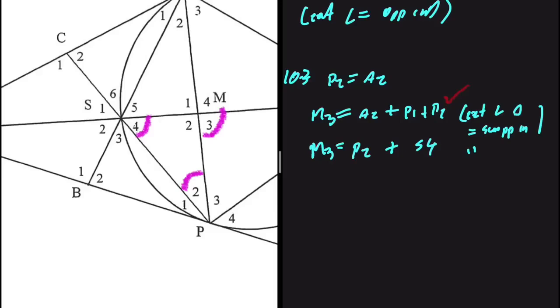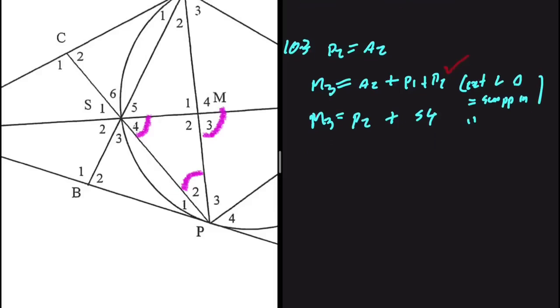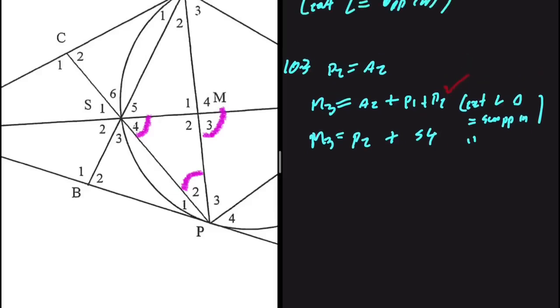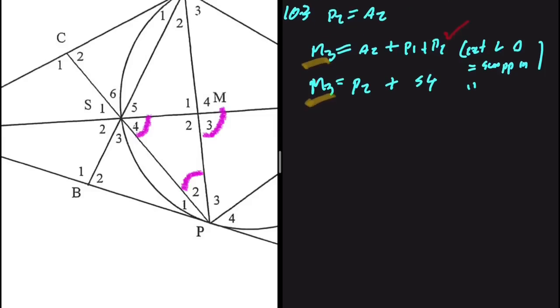It's just that now we are concentrating on a different angle. Okay, right. Let's equate these two equations. I want you to realize something. If we equate these two, we're gonna have A2 plus P1 plus P2 being equal to P2 plus S4.